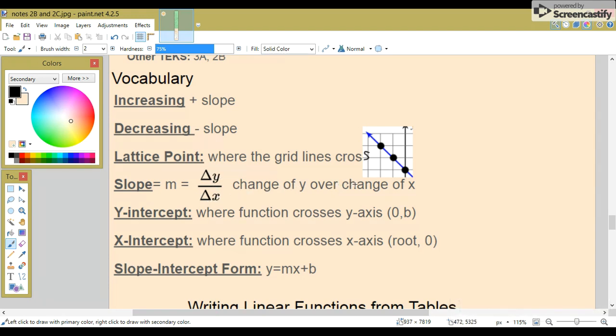Y-intercept, where the function crosses the y-axis, (0, b). X-intercept, where the function crosses the x-axis, the root, (x, 0). Slope-intercept form, y equals m times x plus b.